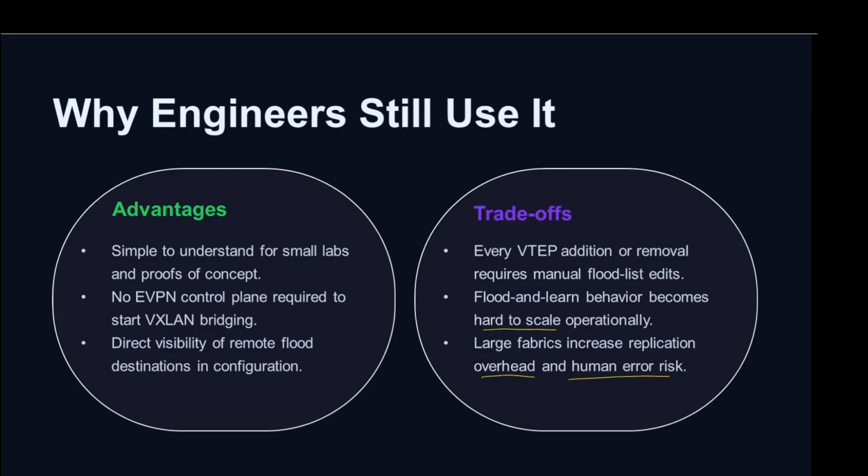And if we add a new VTEP, that needs to be updated in each of the other VTEPs which has the VLAN to VNI mapping configured. So it does add both configuration and operational overhead.